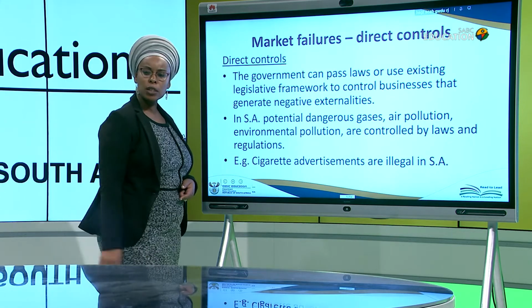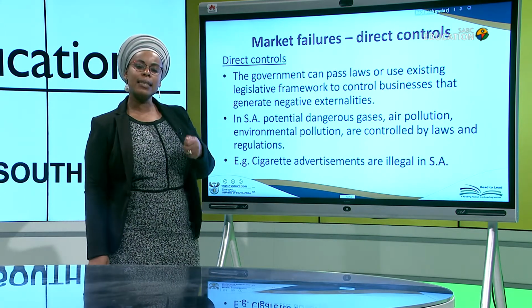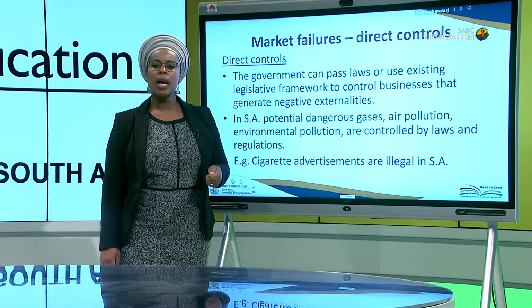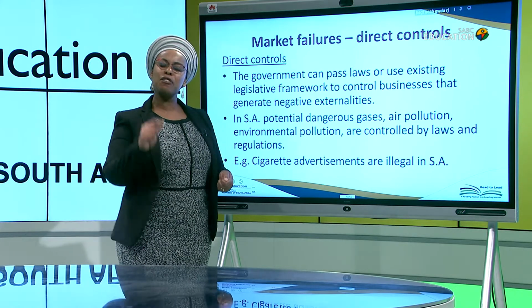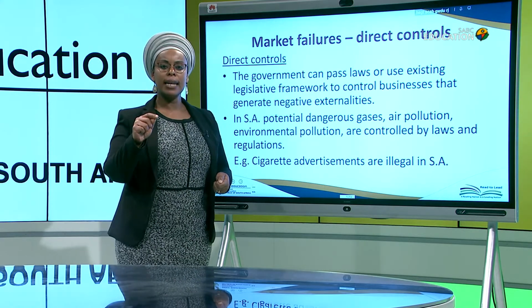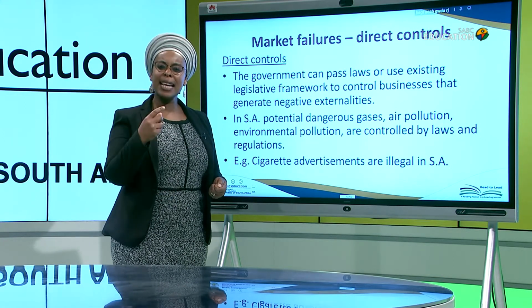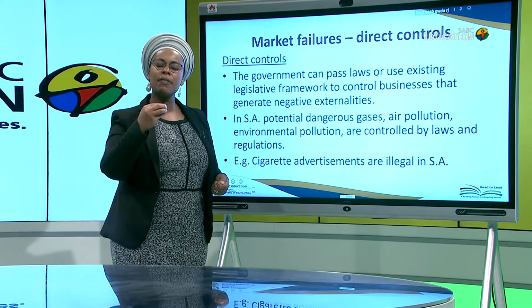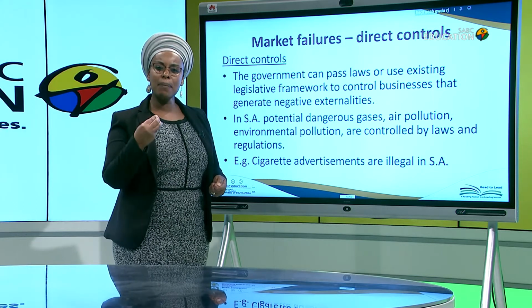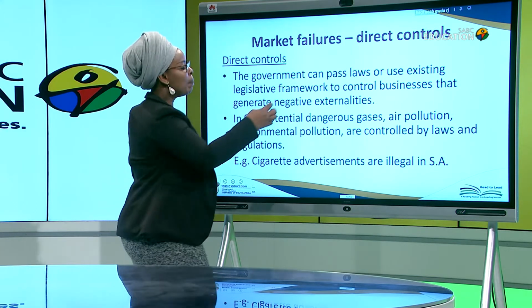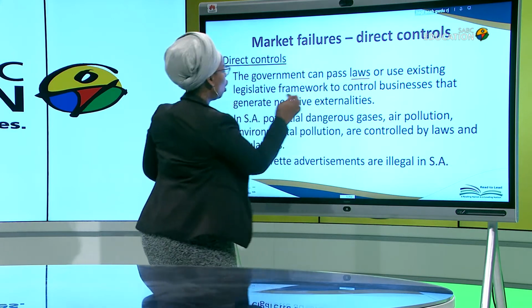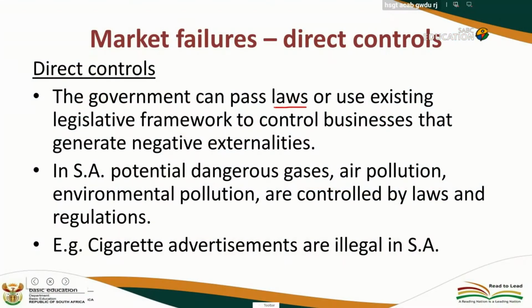Let's start with direct controls. The government can directly control those businesses which, in the process of production, harm the environment. We call that negative externality. So the government can control that by using laws or a legislative framework to control businesses that generate negative externality.